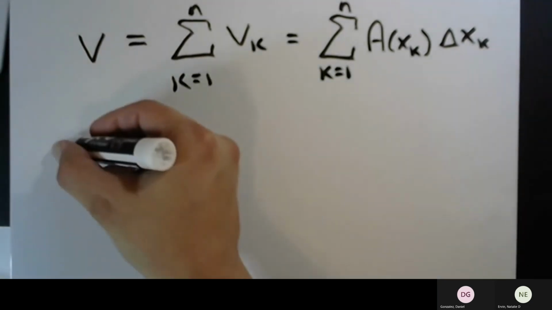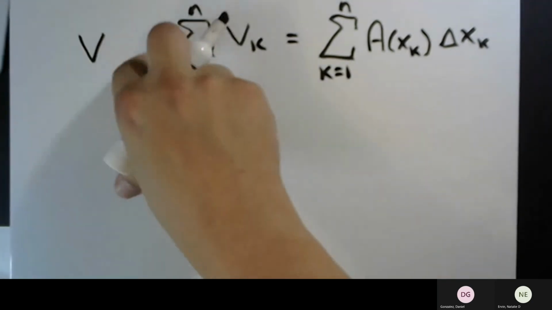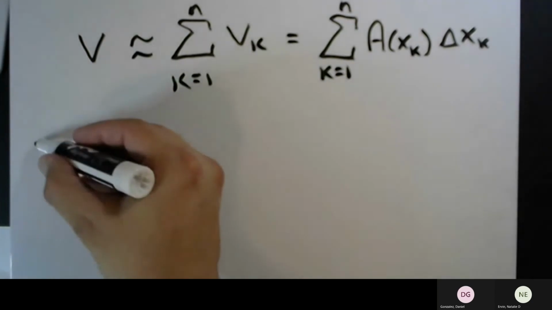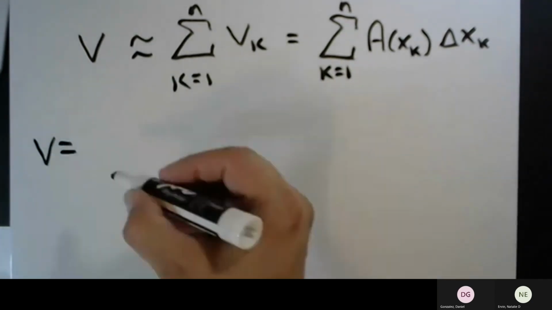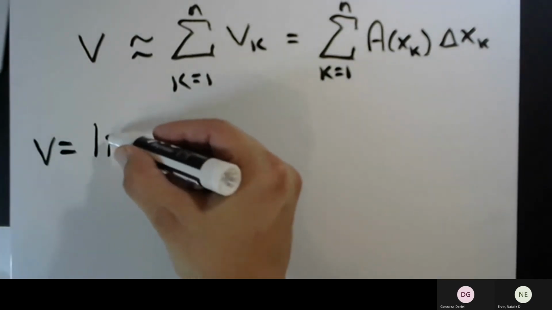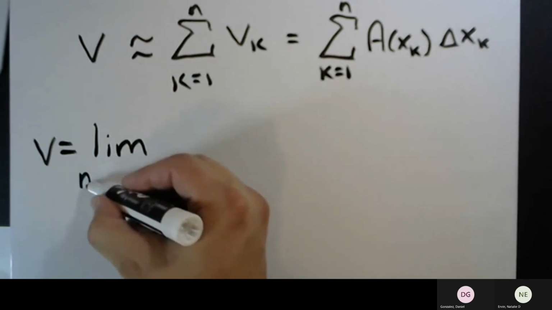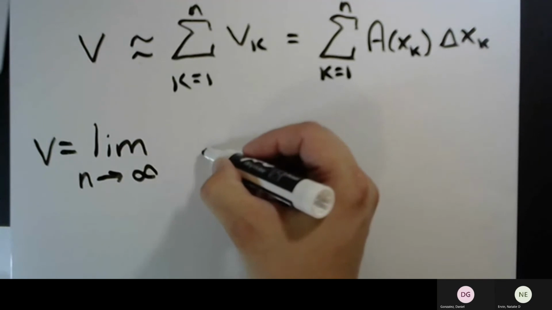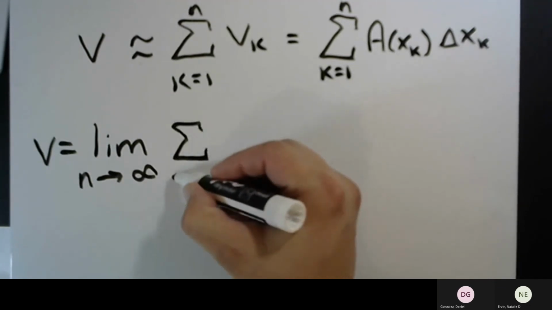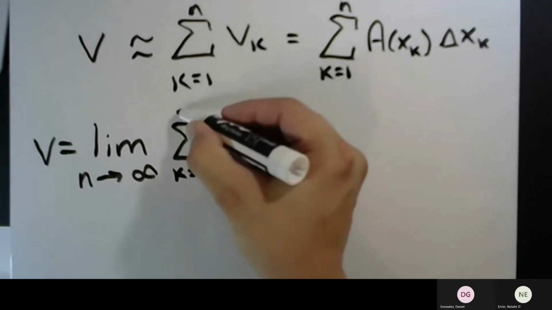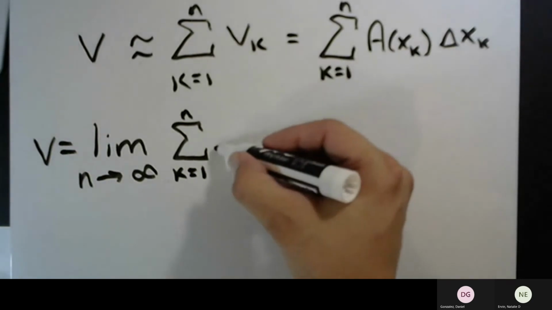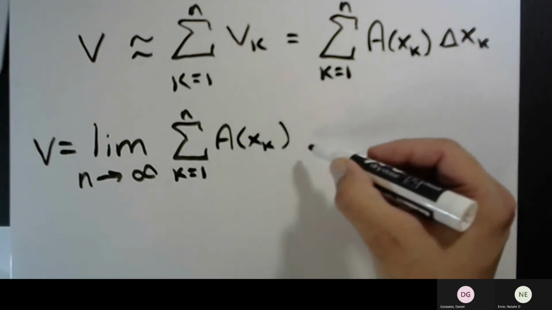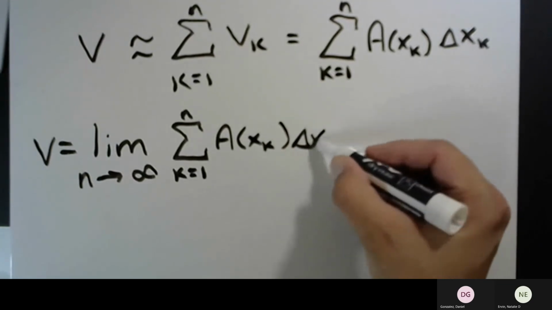And so to get the volume, let me replace this equal sign with an approximation. It becomes equal in the limit as n goes to infinity of the sum from k equals 1 to n of A(xk) delta xk.